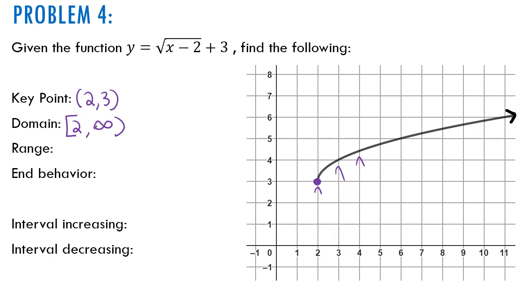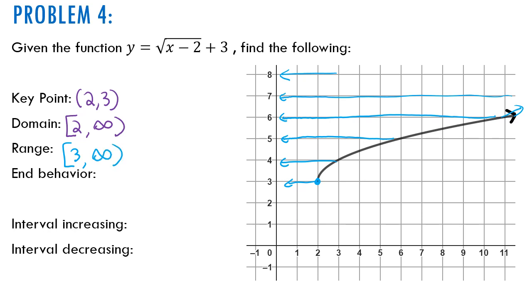Now if we talk about the range, the smallest y value we have here is the 3, the 4, the 5, the 6, and as this graph goes upwards, it's going to use the 7 and the 8 and so on and so on. So our smallest y value is 3, and the largest y value is positive infinity.